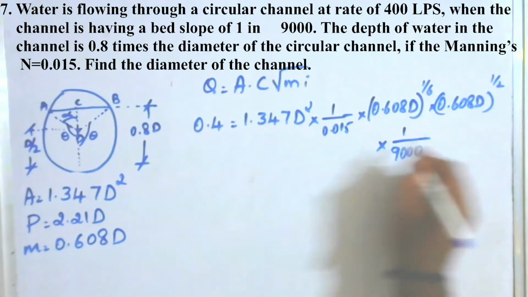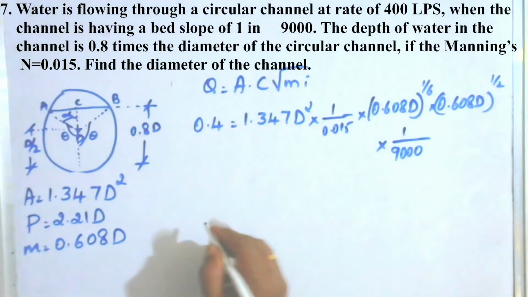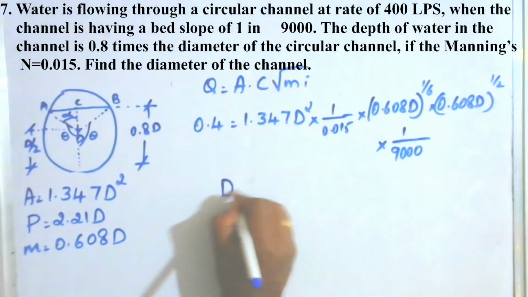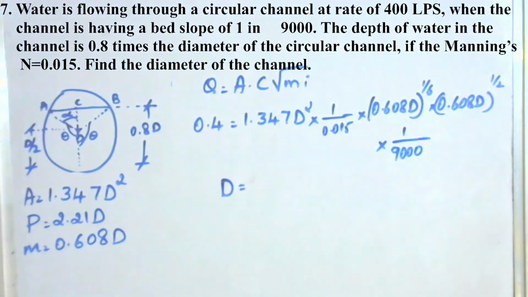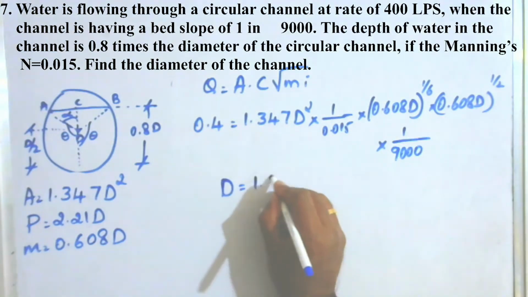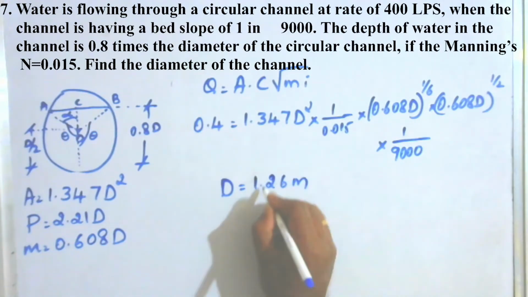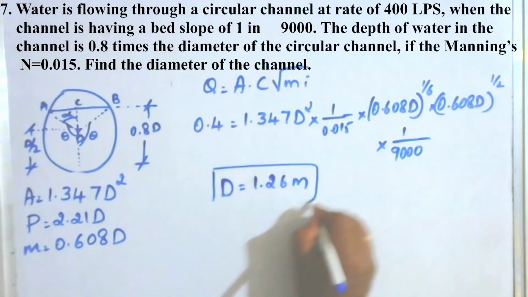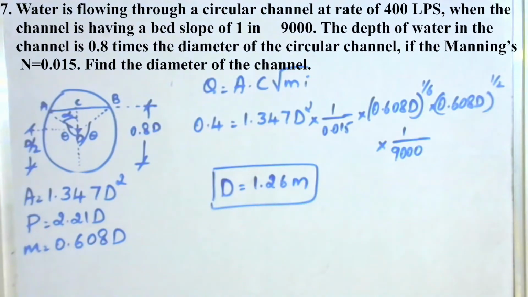You can observe only D is unknown. If you solve for D, you will get the diameter D as 1.26 meter. That is the diameter of the circular channel, which is what is asked in the problem.